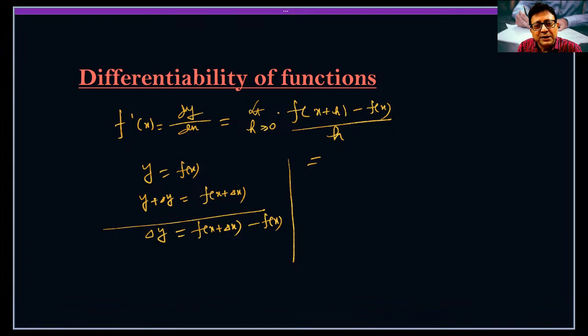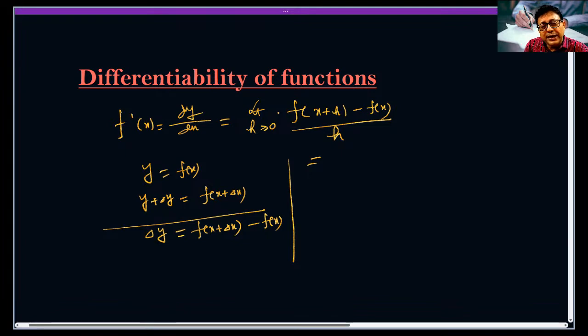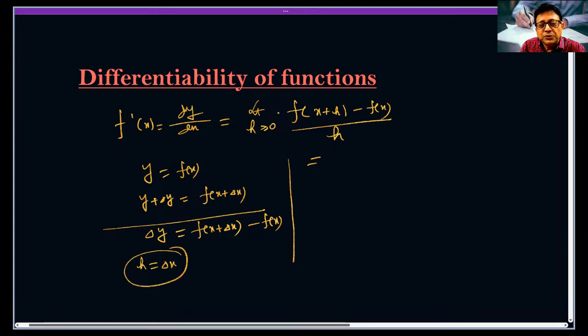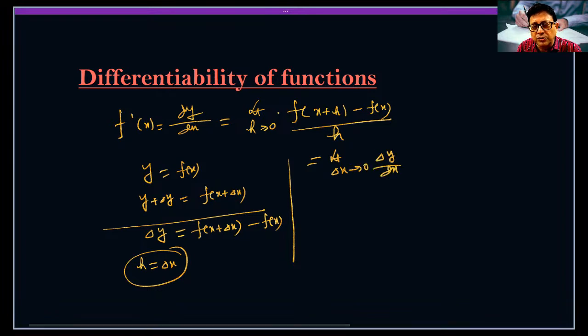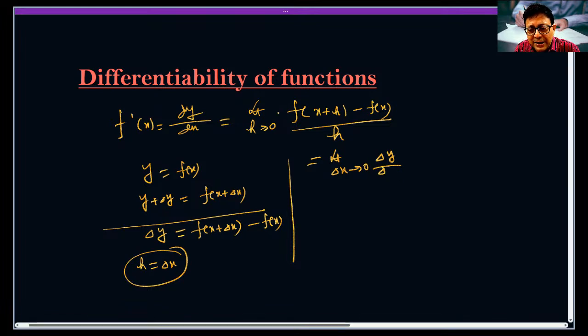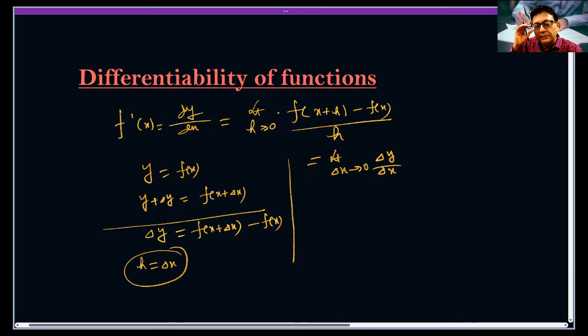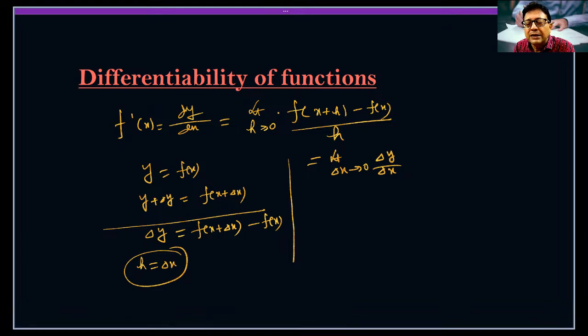Here in place of h we are writing delta x, so this can be written as limit delta x tending to 0 of delta y by delta x also. This is delta y by delta x, and that only we write as dy by dx. So geometrically dy by dx is the slope of tangent.